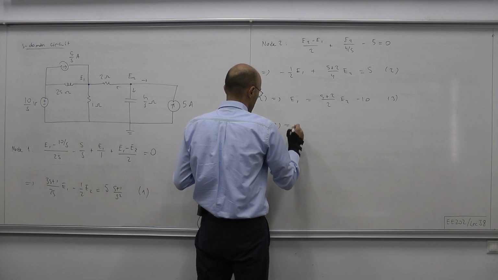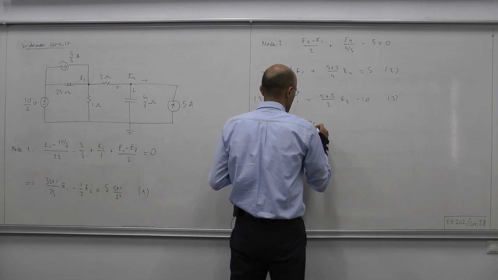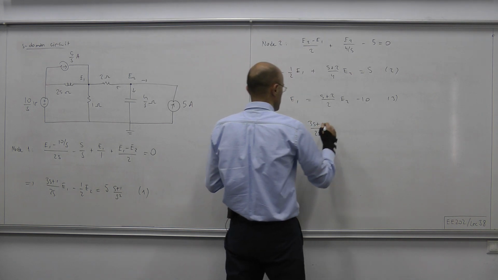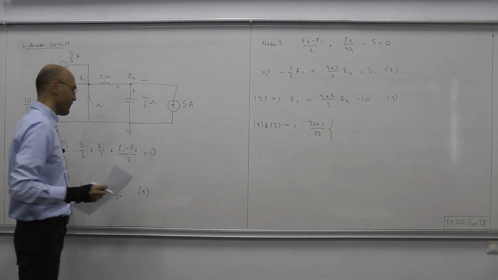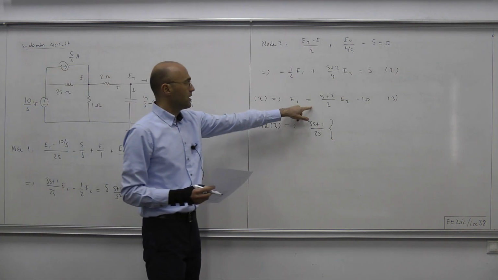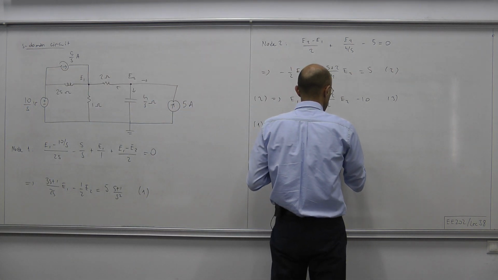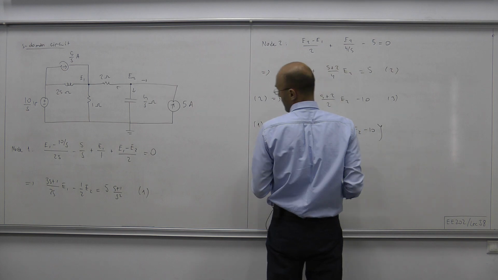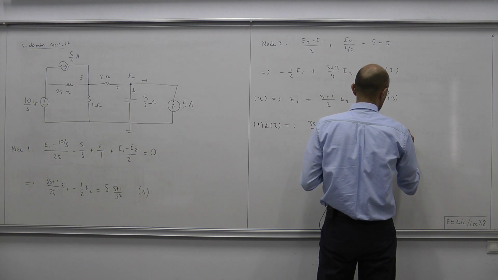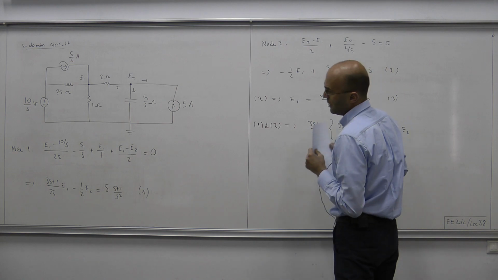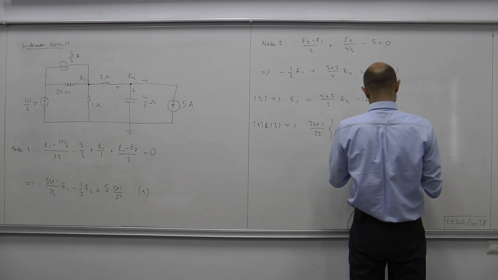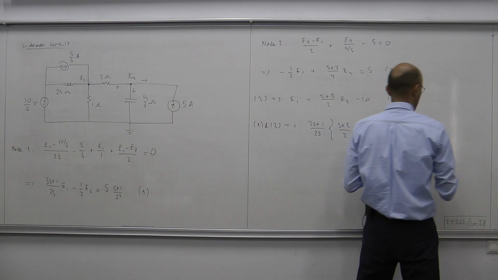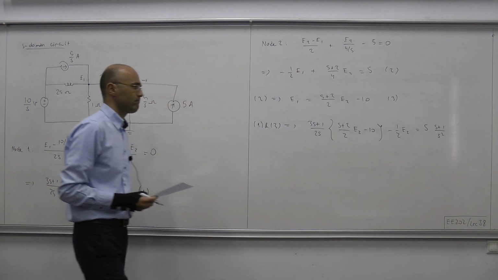1 and 3, and we can write 3S plus 1 over 2S times E1, and E1 is here in terms of E2, S plus 2 over 2 E2 minus 10, and minus 1 over 2 E2 equals 5S plus 1 over S squared.